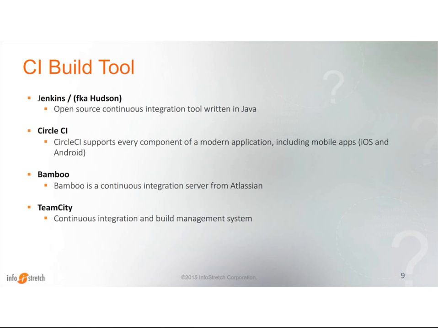Circle CI is a very up and coming tool which is being used in the industry for continuous integration server. And Bamboo is part of, again, the Atlassian suite to manage the jobs, to create the jobs that will drive my build automation, that will get in the code check-in and get automation of the deployment.